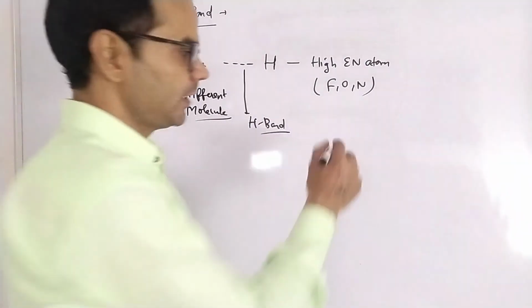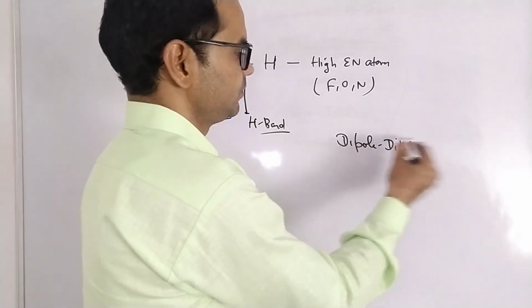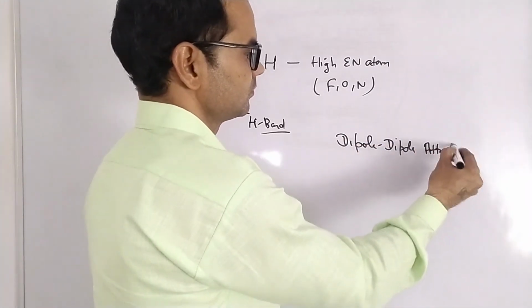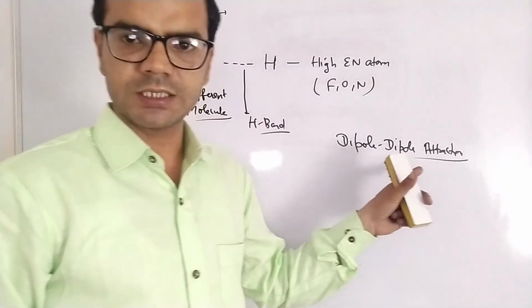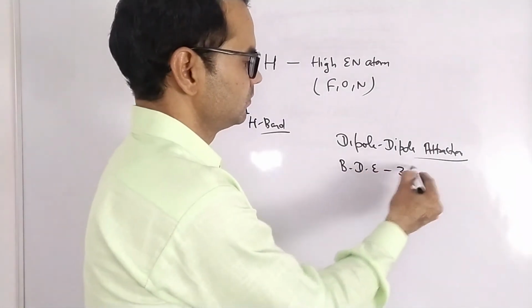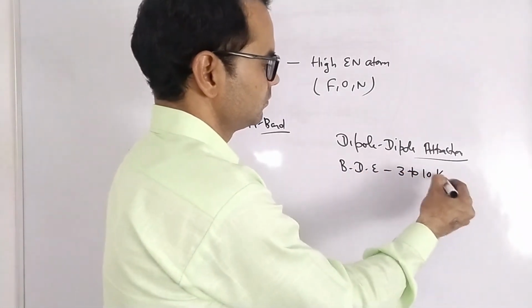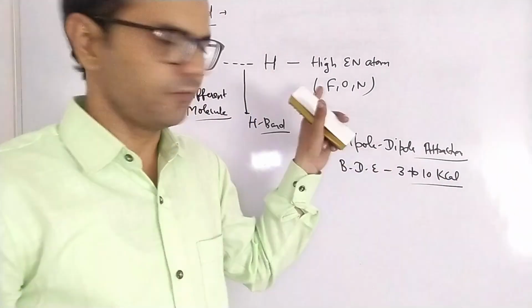Actually, it is dipole. Hydrogen bond is a dipole attraction having bond dissociation energy 3 to 10 kilocalorie. So it is a weak bond.